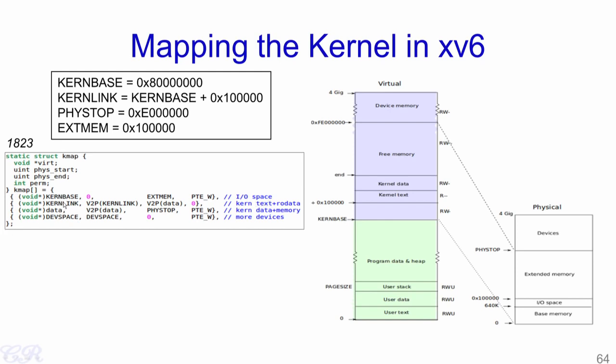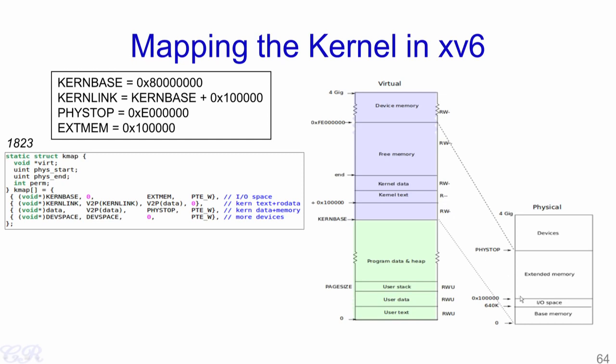The region KERNLINK onwards is used to store the kernel text plus RO data, that is the kernel code and read only data. This region gets mapped from the start of the extended memory, in the sense that KERNLINK, this particular location present by this line, gets mapped into the extended memory.